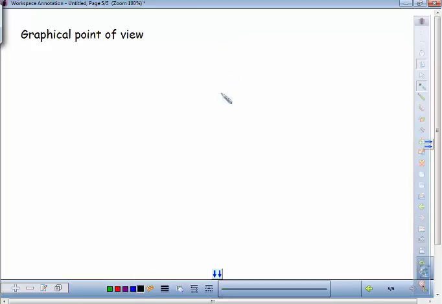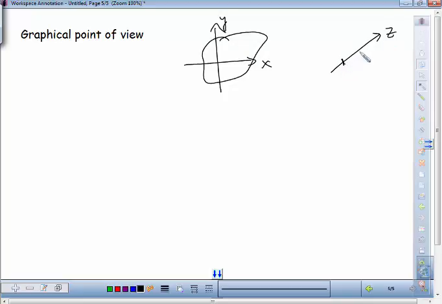So generically, we take points from the xy plane, and then we map them to some value on the z-axis.